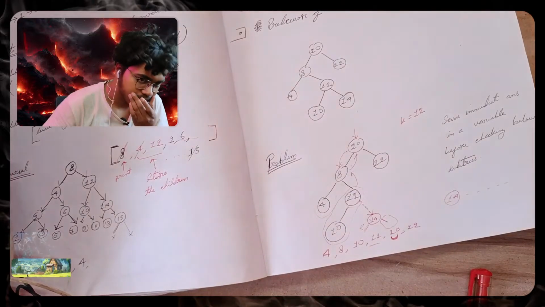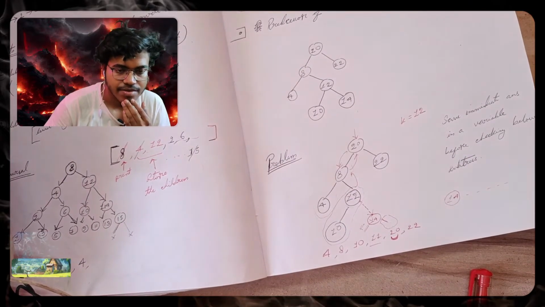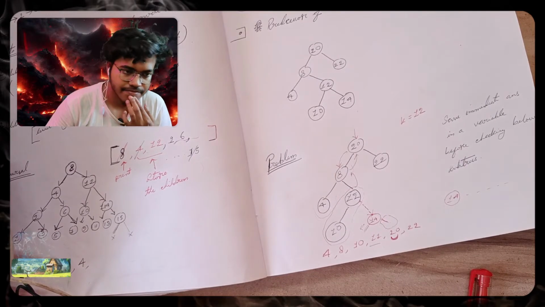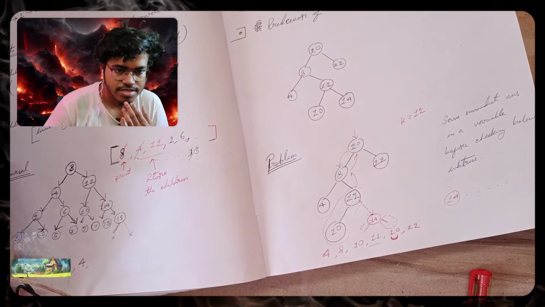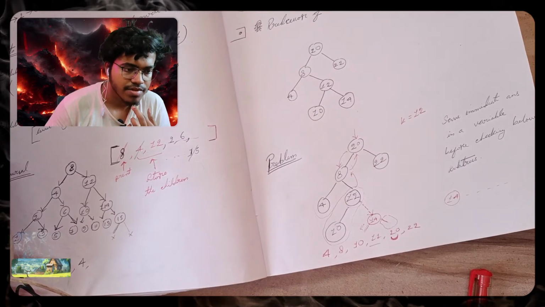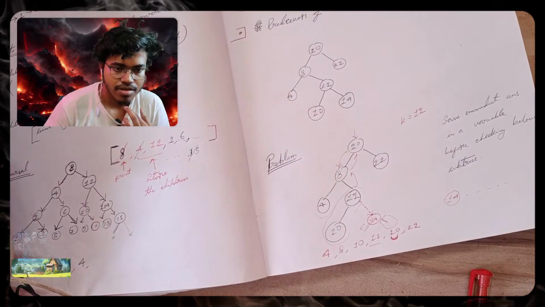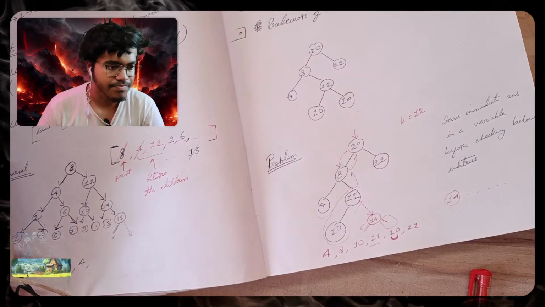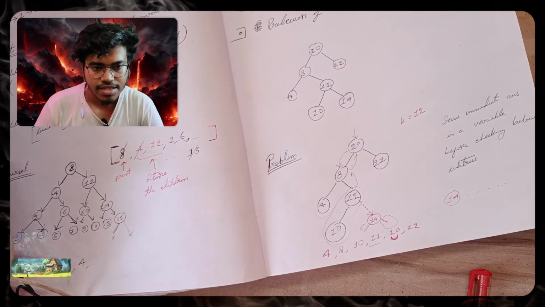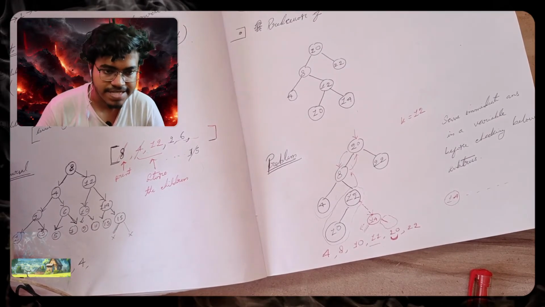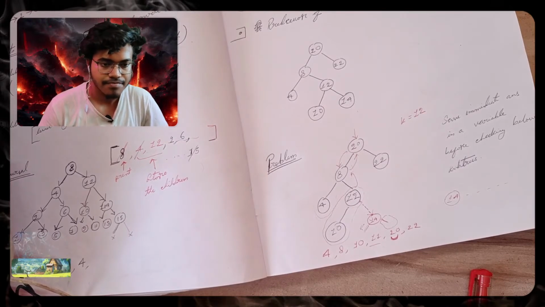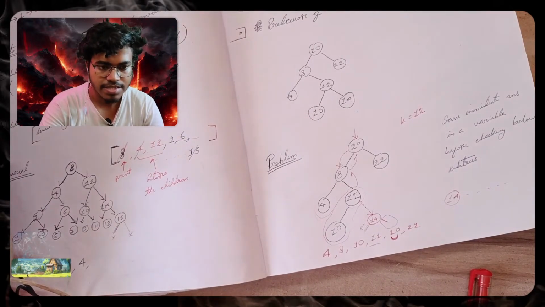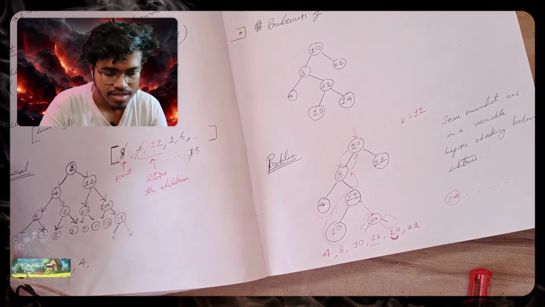Okay, so now if root is not none, then what should we do? Then we have to first save the root value in a node, right?